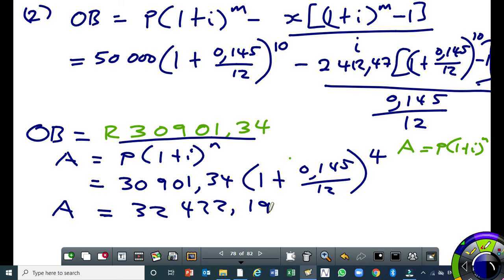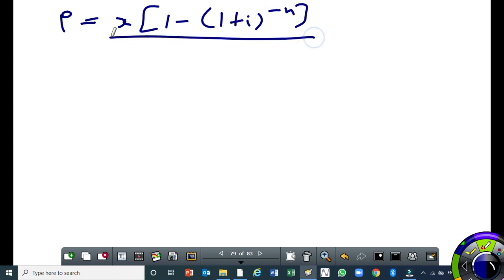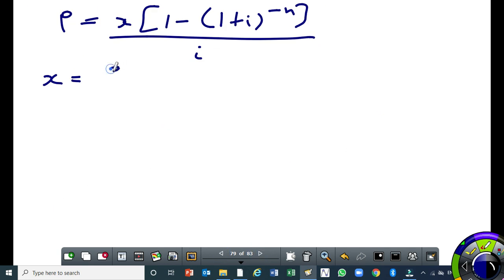Okay? So on the next page, we are now using the present value to calculate X. So P is equal to X times 1 minus 1 plus I raised to the power of minus N all over I. We want to calculate X, so our P is this amount, 32,422 and 19 cents times I, which is 0.145 over 12.